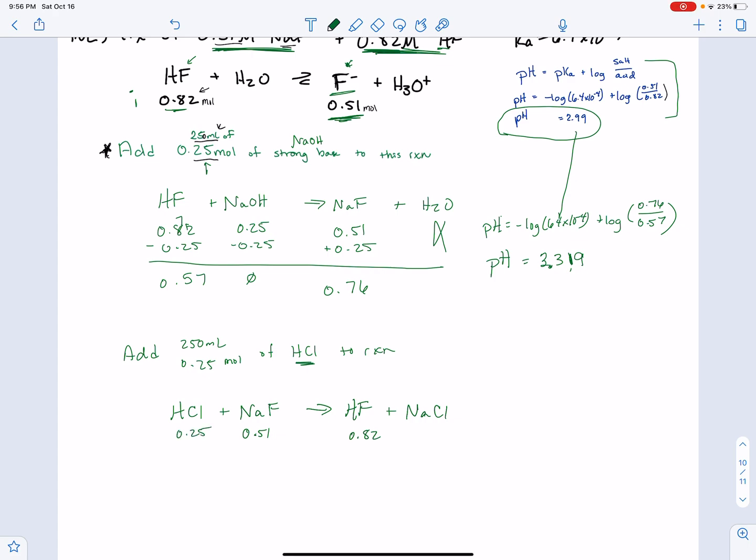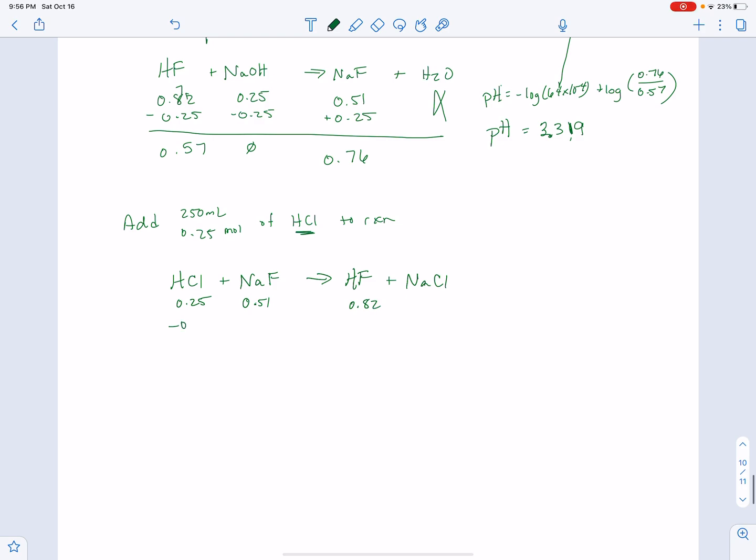So again, we look for the smallest number, subtract it out, minus 0.25 plus 0.25. And so that's 0. This number here looks like it's 0.26. And then over here, this is 1.07. That one's 0. That one doesn't matter because it makes a neutral salt.